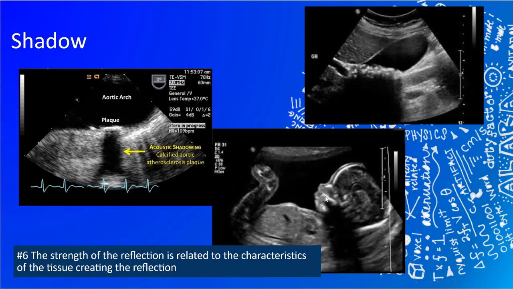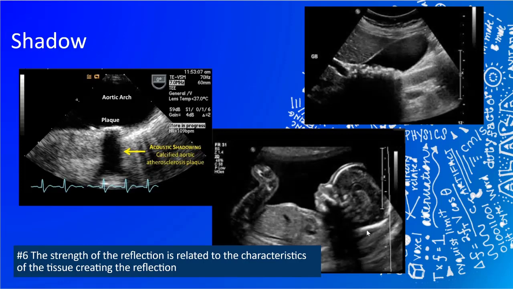We are looking at some bones in the face, the maxilla and the mandible are creating shadows, thus leaving this empty space behind. We know that there's a neck. We know that there's more skin back here, a spinal column, but because of the way sound is interacting with these highly attenuating structures, we are not getting that true anatomy.